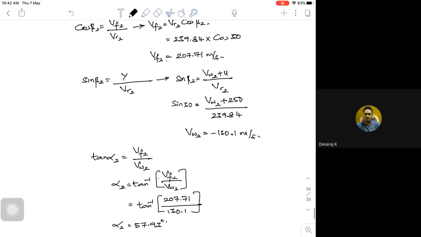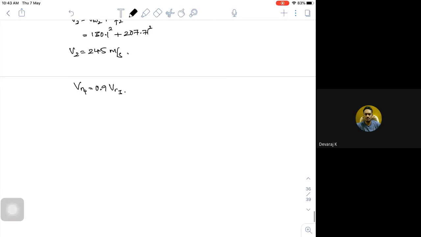Once you find this VR4, then you find beta 3, which is equal to beta 4. Then from there you find V4 and VW4, sorry, it is V4, it is not V2, it is V4. So V4 is equal to some velocity.